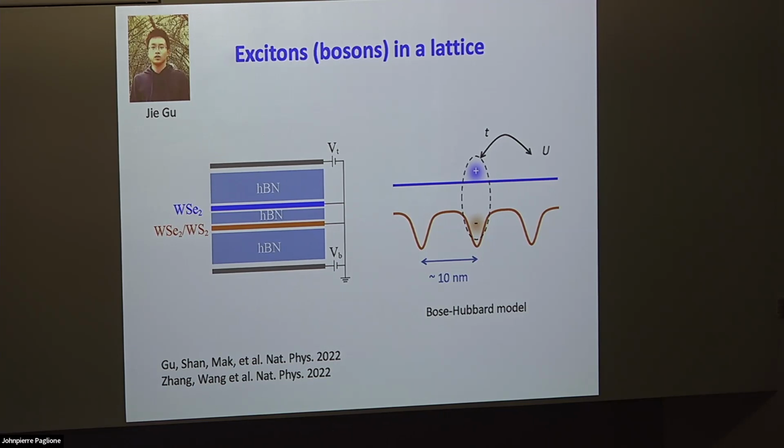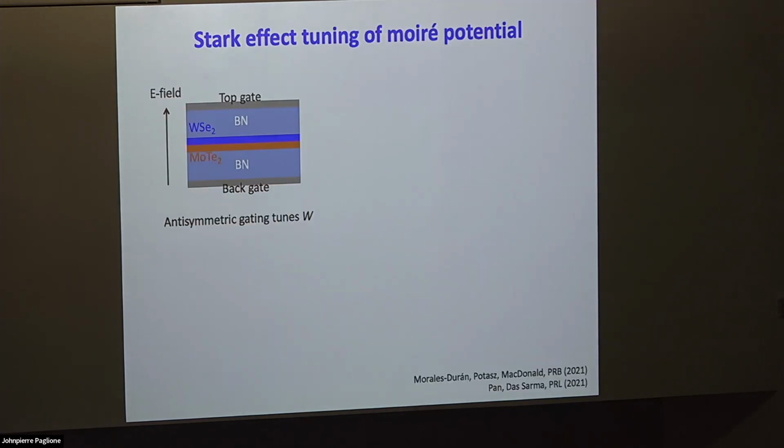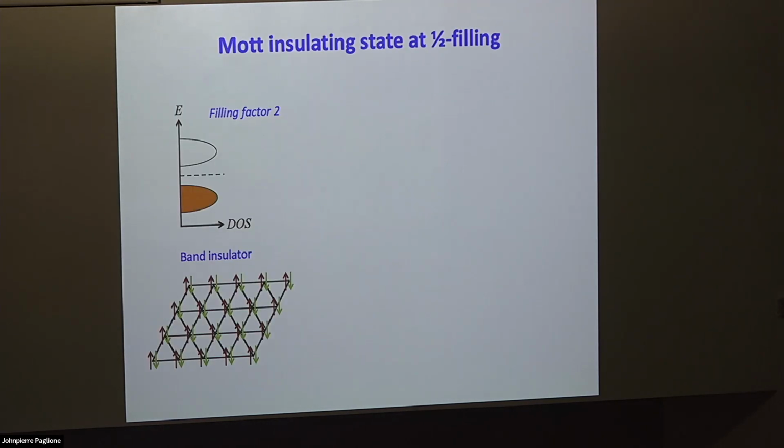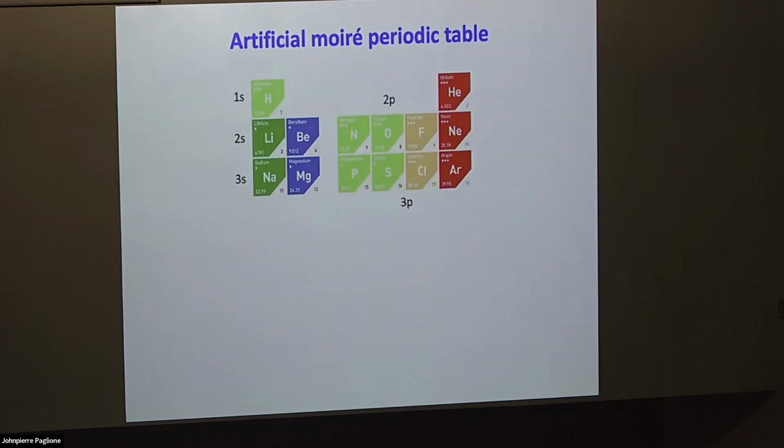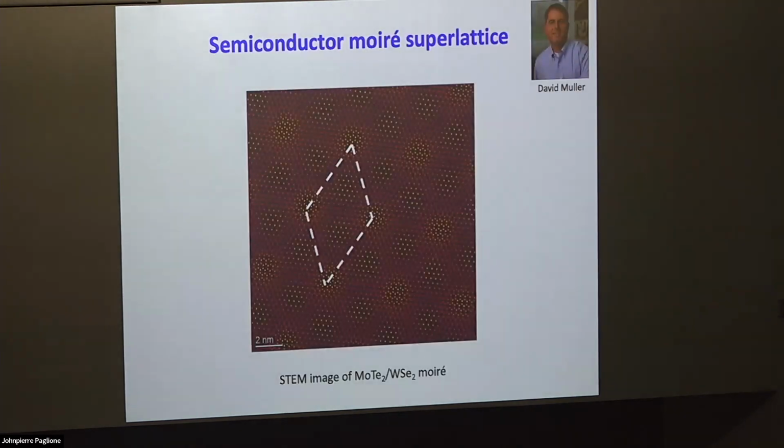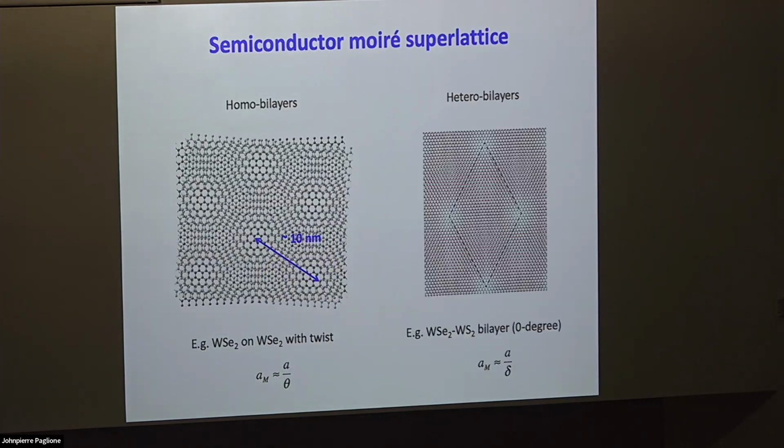Yes, but that's a lot less important, because I have to go back to the formula here. This is in the 0 angle limit, where you have a moiré period that's given by this, only the delta.